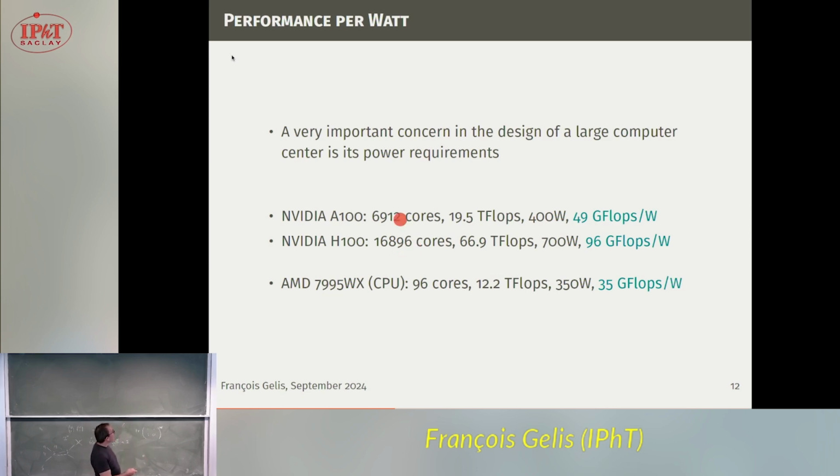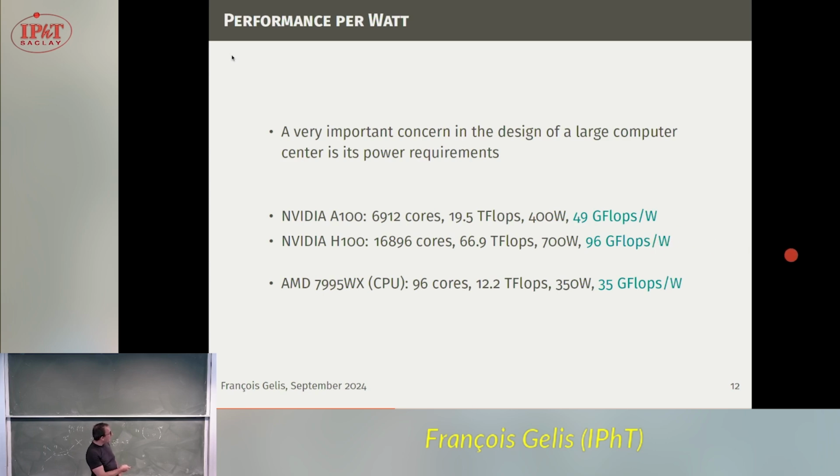So I took two of those, the generation -1 and the current generation. This one requires 400 watts, and for 19.5 teraflops, you could write the performance as 49 gigaflops per watt. The next generation will reach 96 gigaflops per watt.